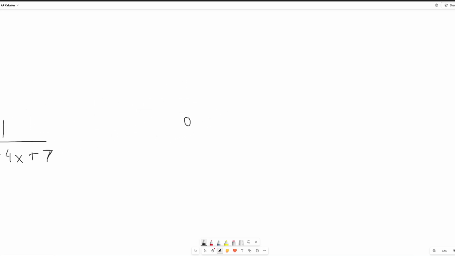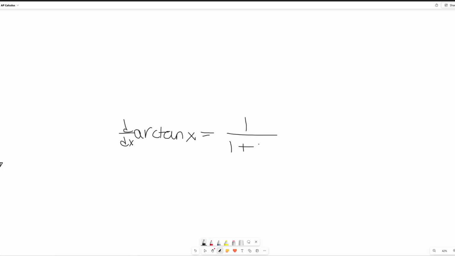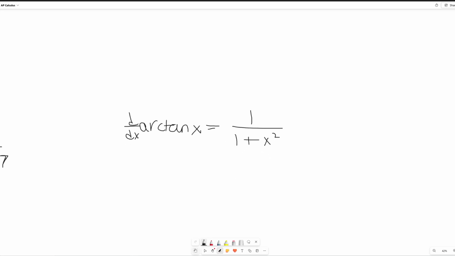The derivative of arctangent is 1 over 1 plus x squared. But really, using u as our variable, because it can be arctan of 2x or arctan of x squared, it is going to be u prime over 1 plus u squared.